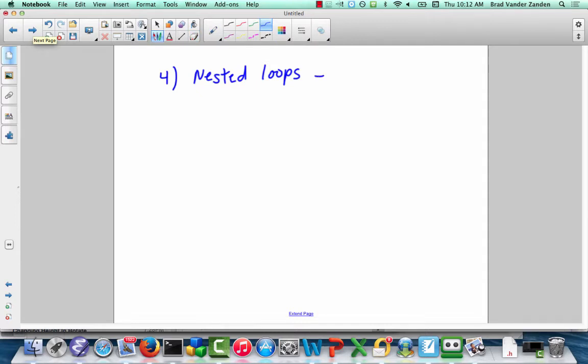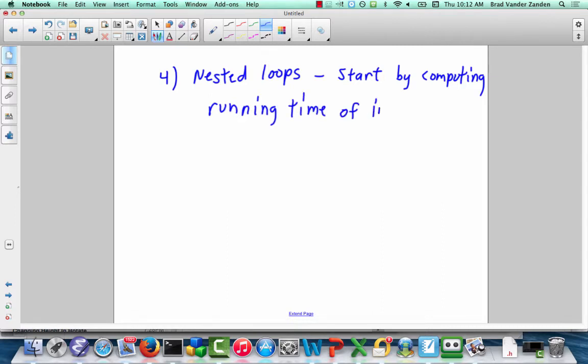Start by computing the running time of the innermost loop and work our way out to the outermost loop.